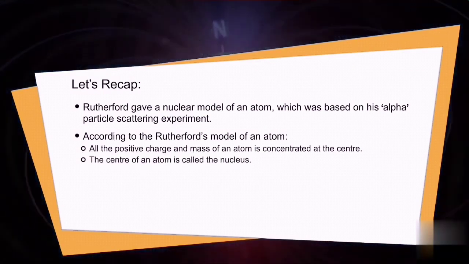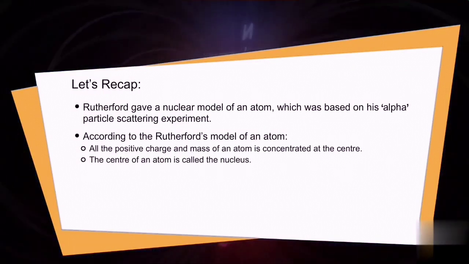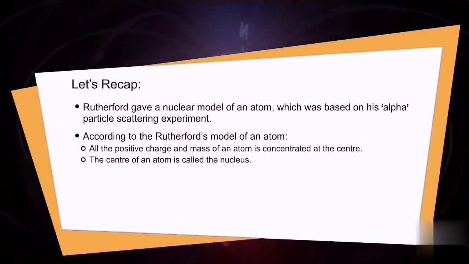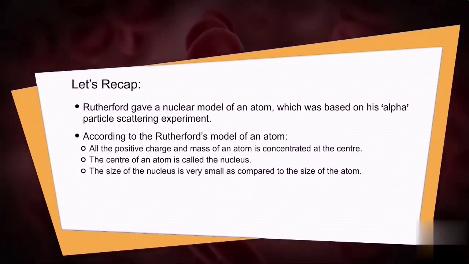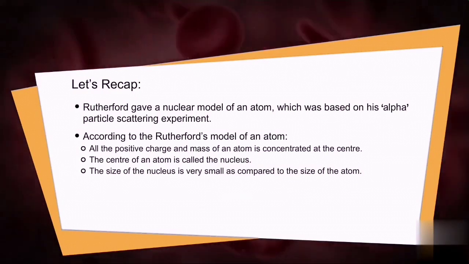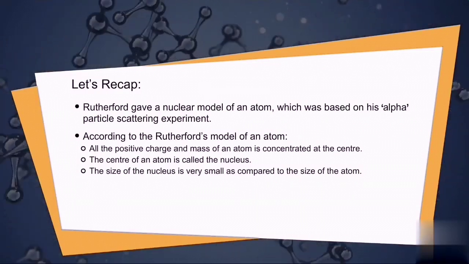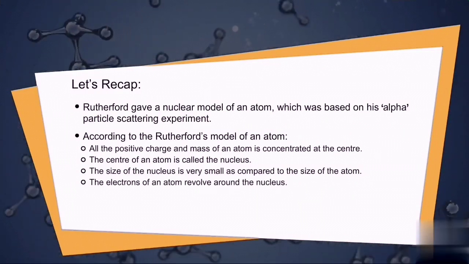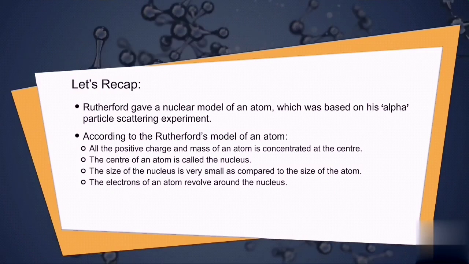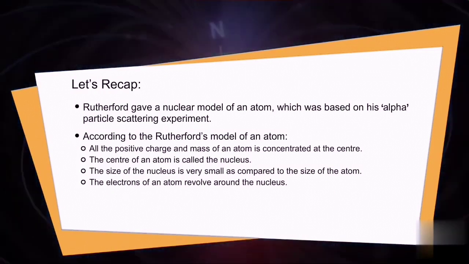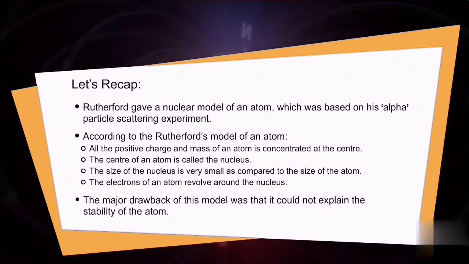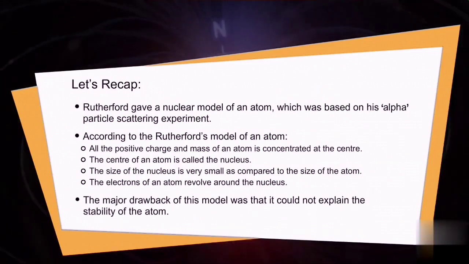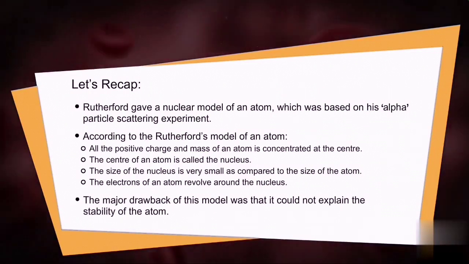The center of an atom is called the nucleus. The size of the nucleus is very small as compared to the size of the atom. The electrons of an atom revolve around the nucleus in a circular path. The major drawback of this model was that it could not explain the stability of the atom.